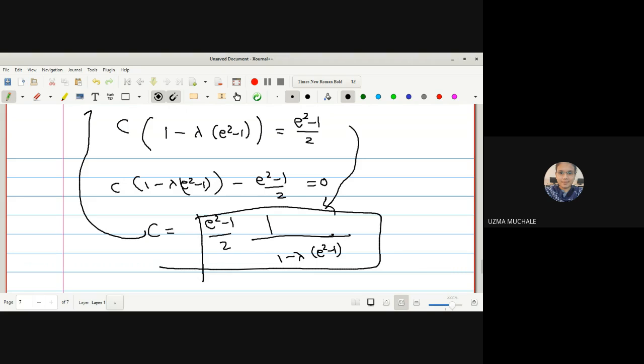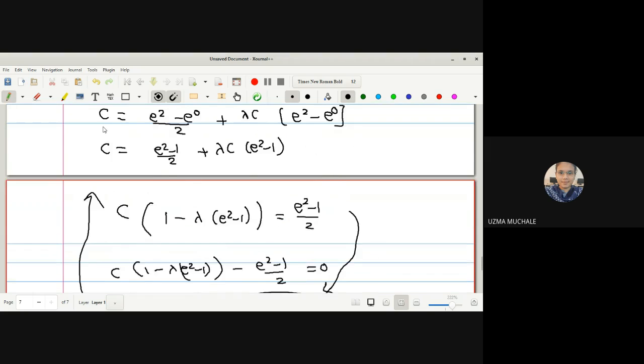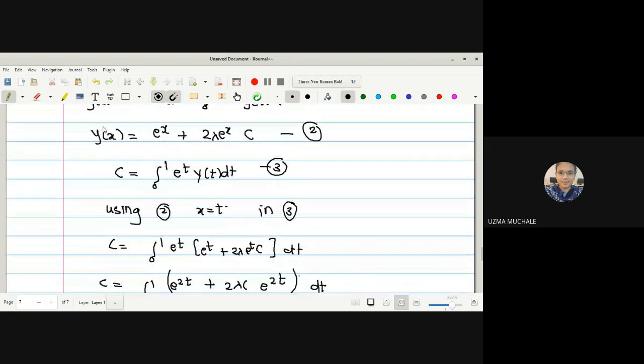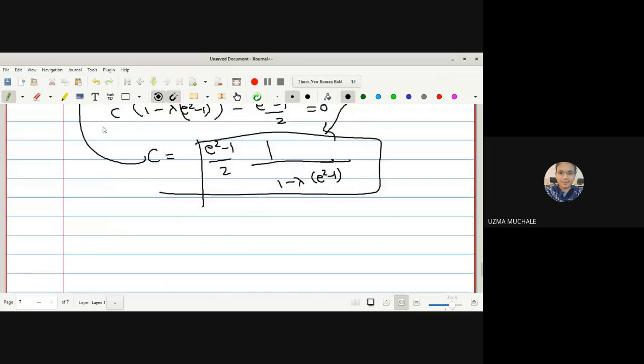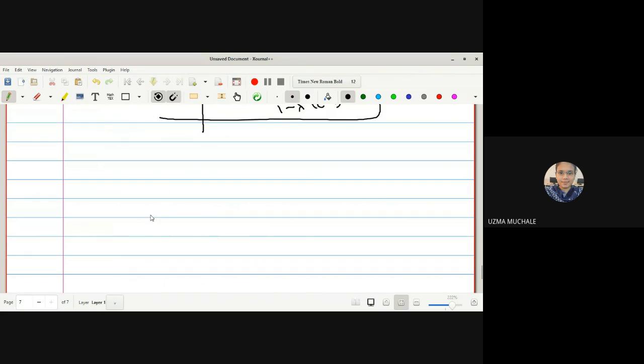Now put the value of c in the above equation. In which equation do we have to put this? In equation number 2. Putting the value of c in equation 2 we get: what is our equation 2? y of x equals e^x plus 2 lambda e^x into c.